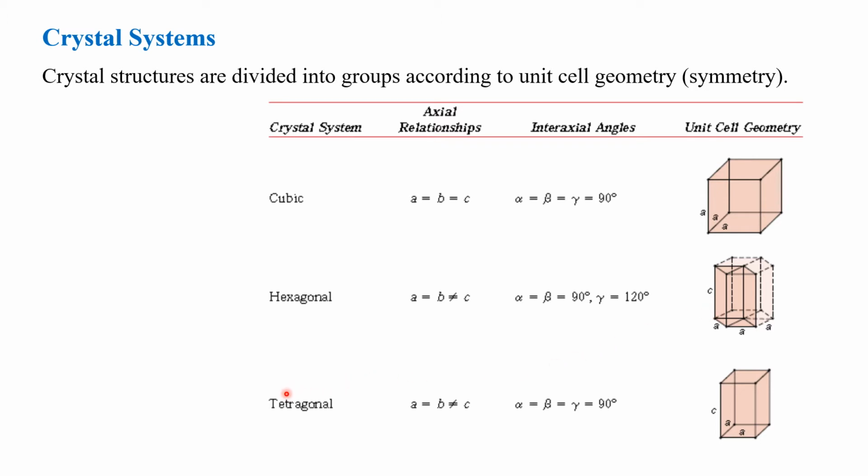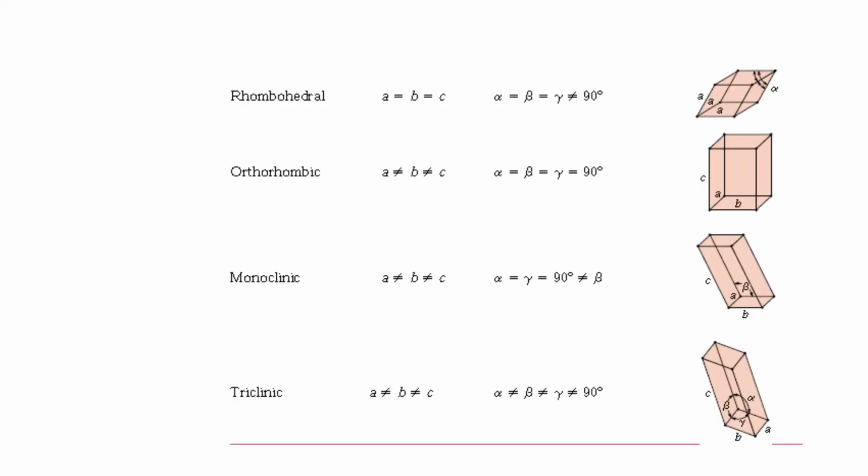You also have the tetragonal with these structures. Basically, the difference between cubic and tetragonal is that one of the axes is not equal to the two. We also have rhombohedral, orthorhombic, monoclinic, and triclinic.